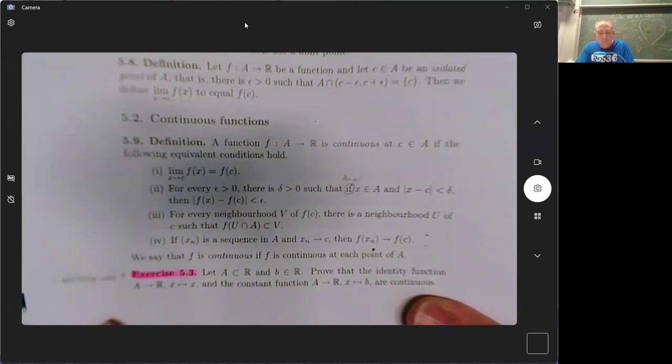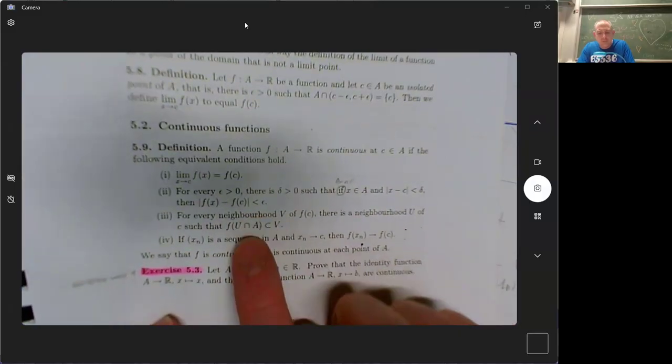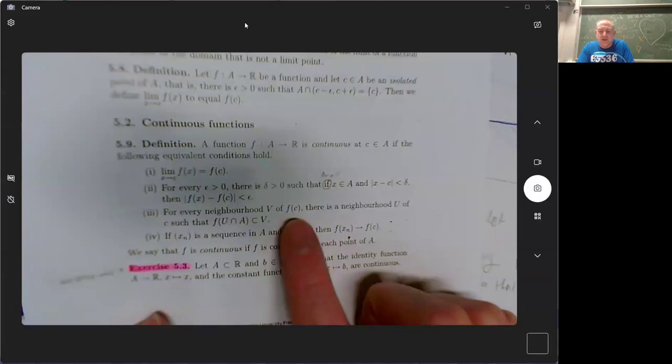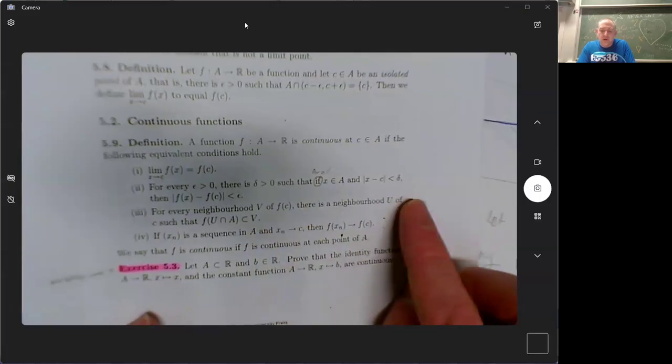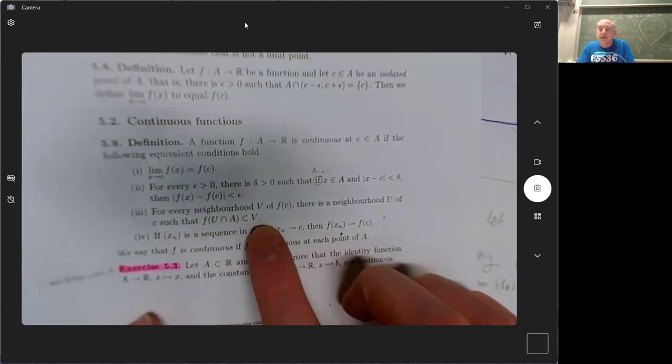So I use this one. For every neighbourhood V of f of C, there is a neighbourhood U of C such that f of U intersection A is completely contained in V.